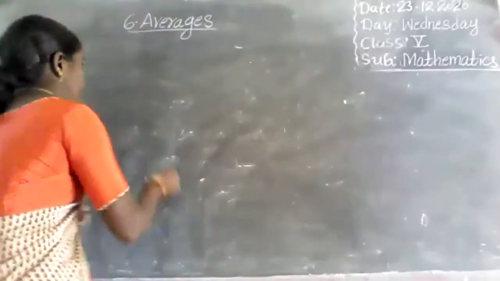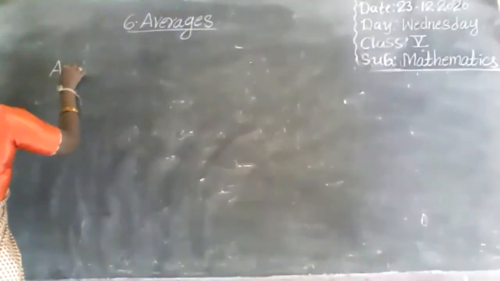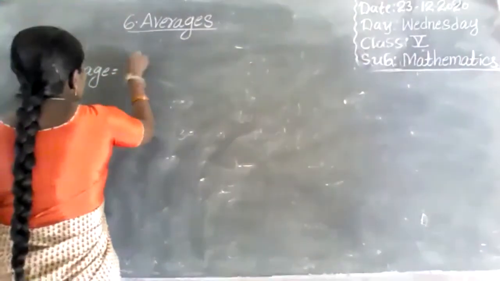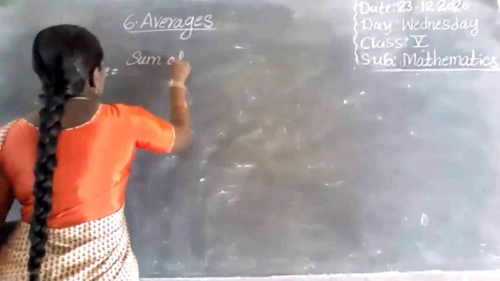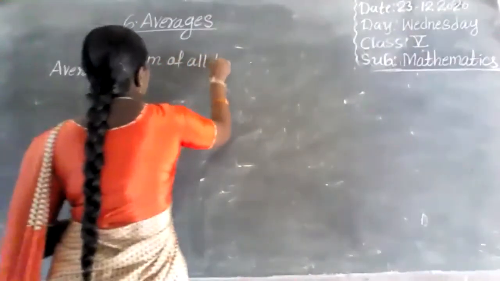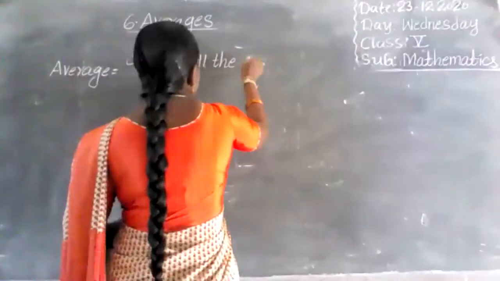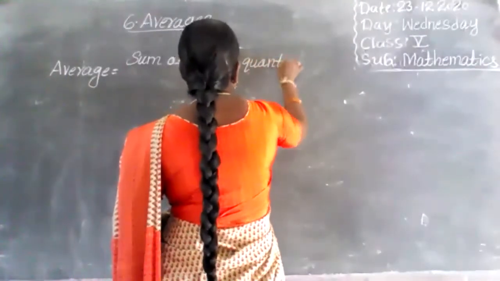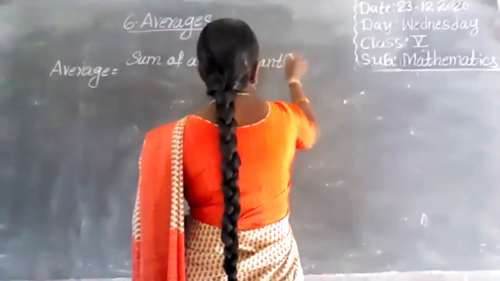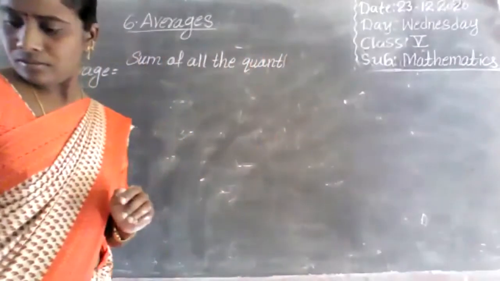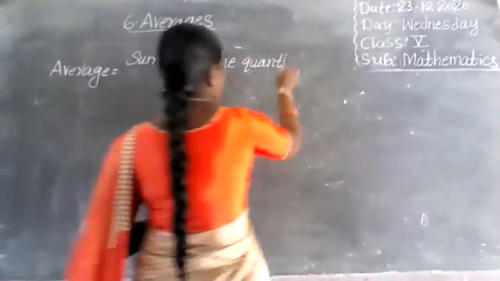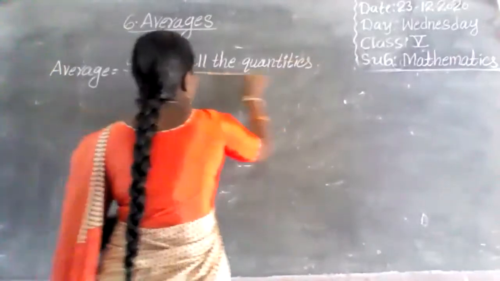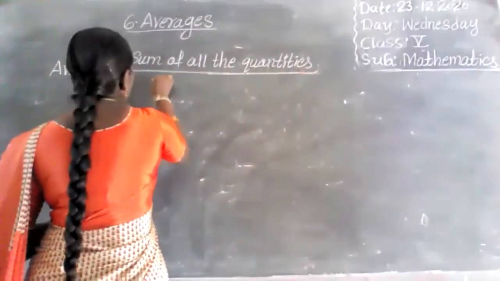Write down first. Average equals sum of all the quantities or observations by number of quantities.